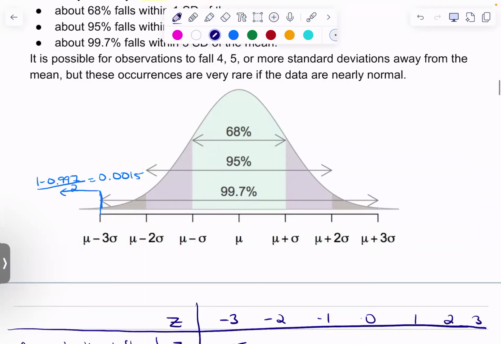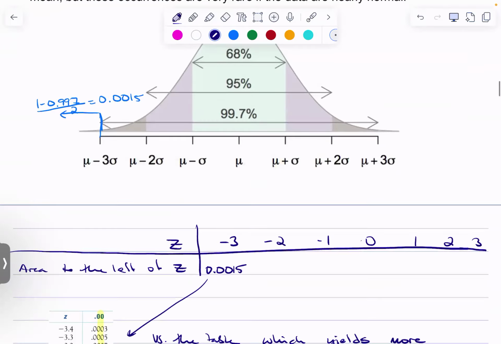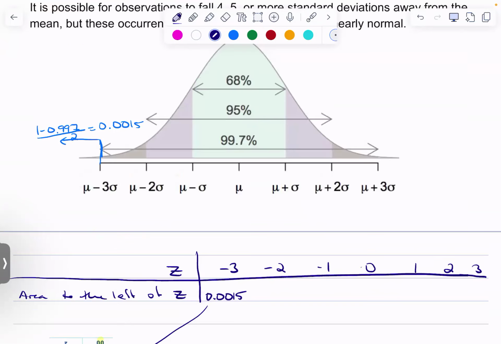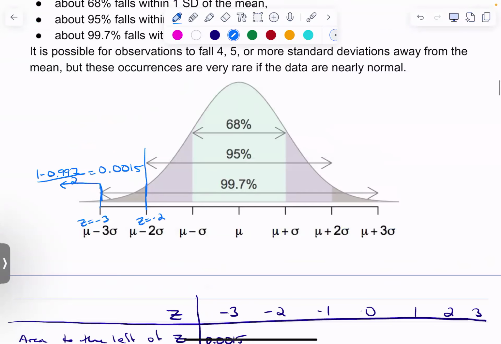So now if we have to fill in, well, we don't have to, but I've decided to. This is at a Z of -3. What about a Z of -2? Well, if I've split my 5% evenly amongst the tails, right?